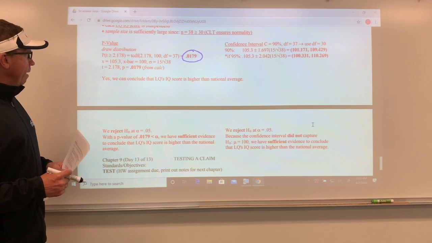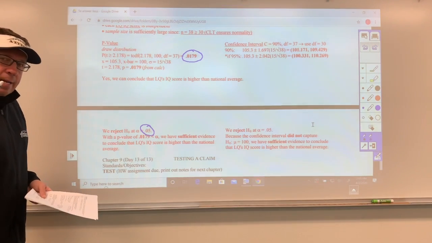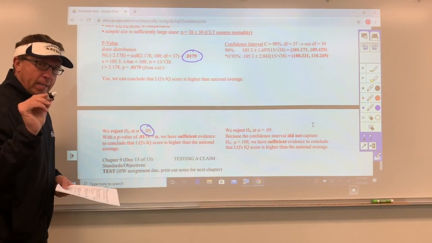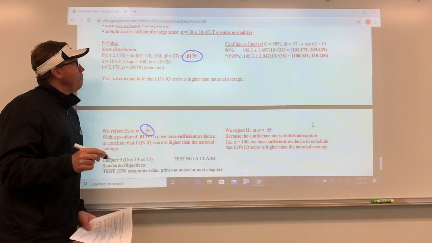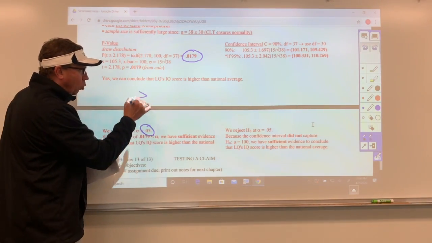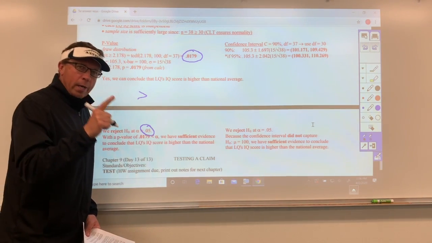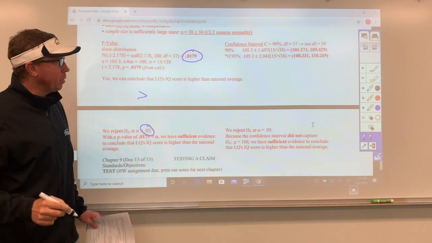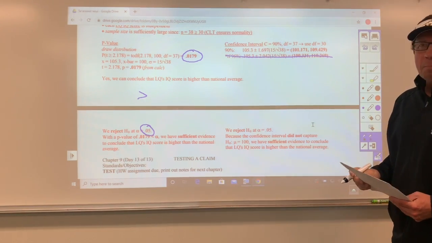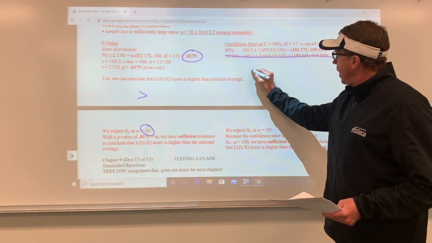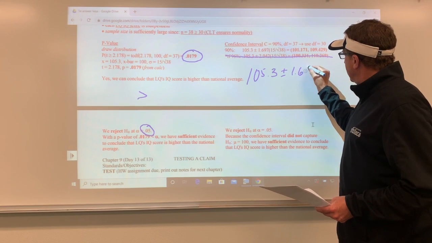Now, if I did an alpha level of 0.05, then the equivalent confidence interval would be a 90% confidence interval, because this is a one-sided test, greater than. So I'm going to double alpha and make it 10%, and then go 100% minus 10%, and I get 90%. I'm going to cross this one out because I'm using this one right here. This is my confidence interval, and I'm going to write it out for you bigger: 105.3 plus or minus 1.697.